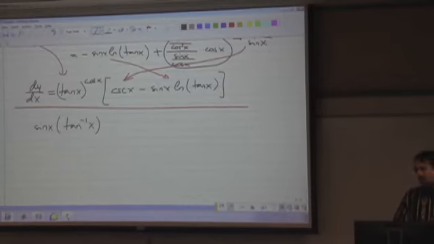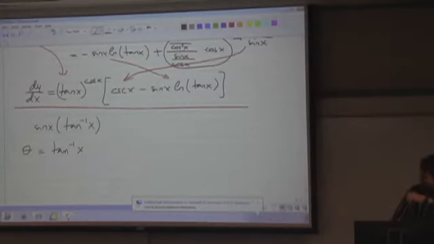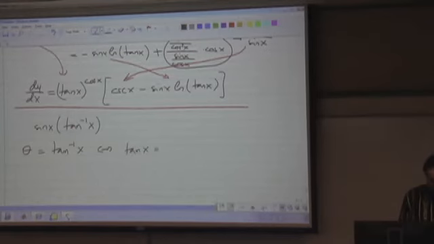Now, we used y in the beginning, and then I started using theta, and I like using theta in general because it gives you the indication that you're actually looking at an angle. So if I let theta be tangent inverse of x, then this is equivalent to saying the tangent of theta is equal to x.